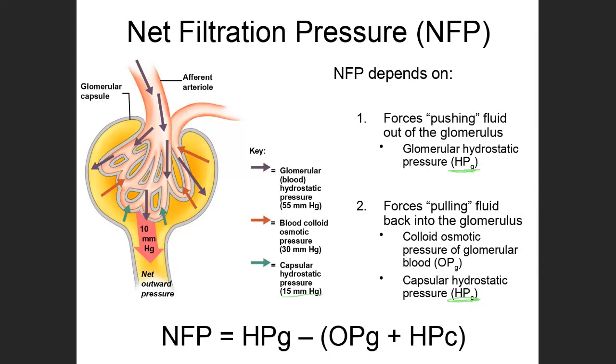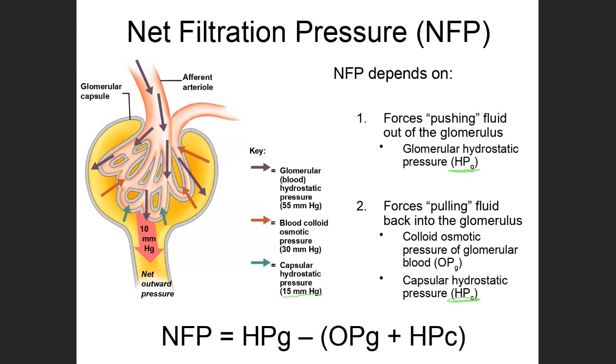The second force that's tending to push things from the glomerular capsule back into the blood is what's known as the colloid osmotic pressure of glomerular blood. And I want to draw a diagram to represent what this is, because it's a little more complicated.